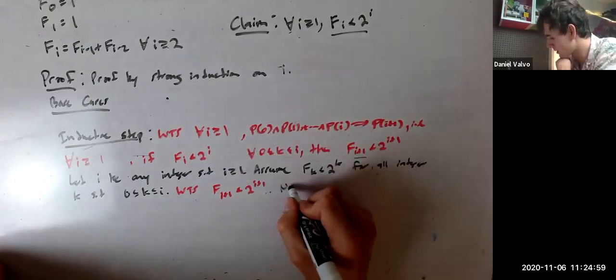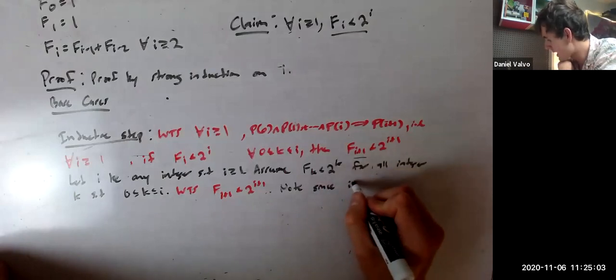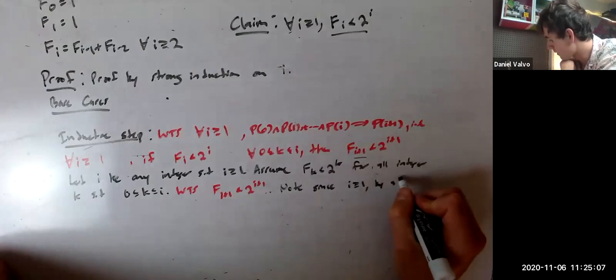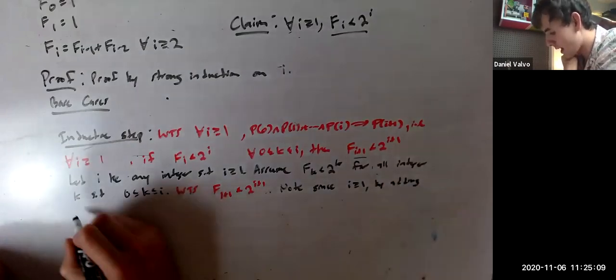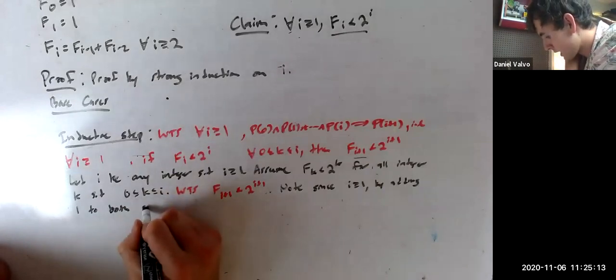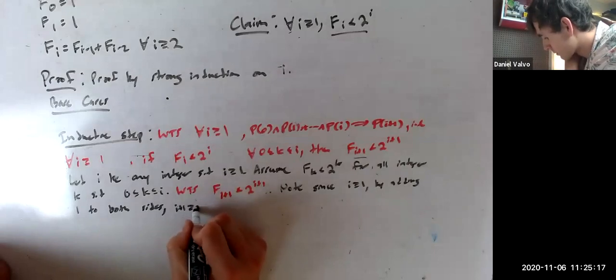So let's say, note, since i is greater than or equal to 1, by adding 1 to both sides, i plus 1 is greater than or equal to 2.